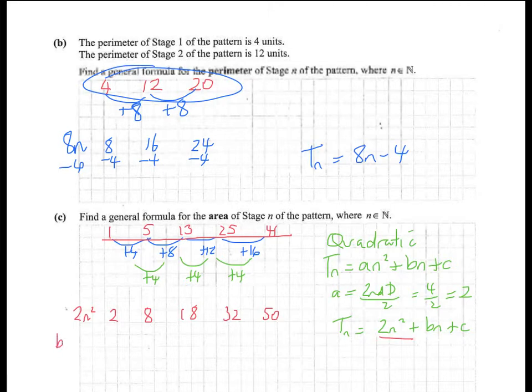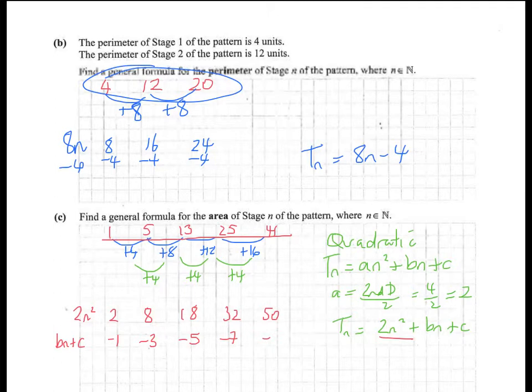So for my linear bit, the bn plus c section, what do I do to 2 to get 1? I take away 1. What do I do to 8 to get to 5? I take away 3. What do I do to 18 to get to 13? I take away 5.